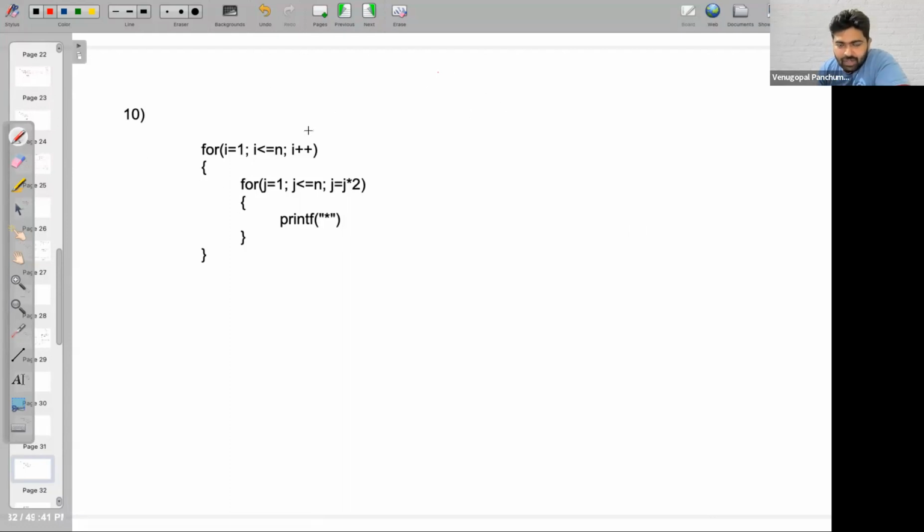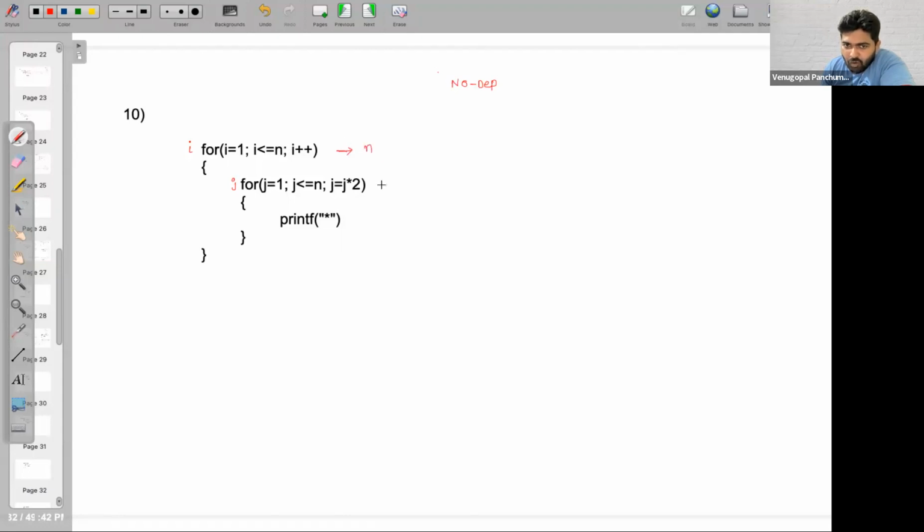See, first of all, tell me: dependency or no dependency? No dependency, because this is the I loop and this is the J loop. Are we using I anywhere inside? No, which means there is no dependency. Whenever there is no dependency, you simply check how many times this loop is running, starting from 1 going till n.